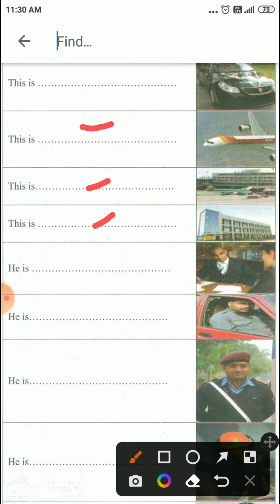This is sharika, company. He is a mohandis, engineer. He is a mudir, manager. He is a sa'iq, driver. He is a haris, watchman.